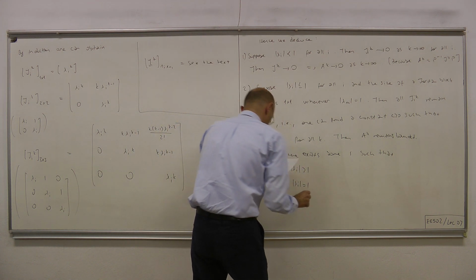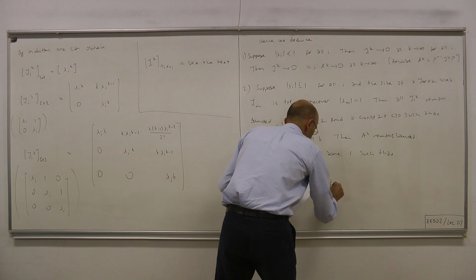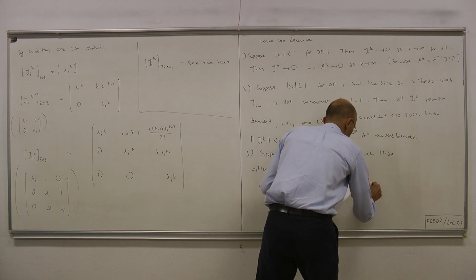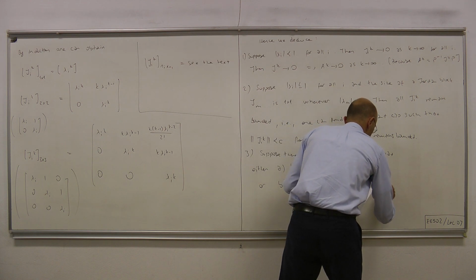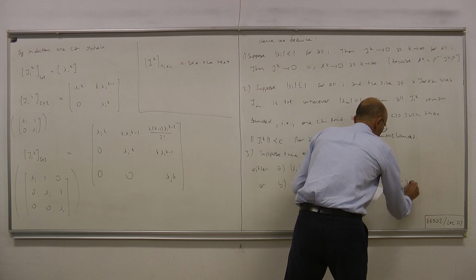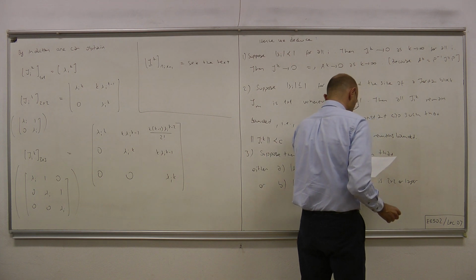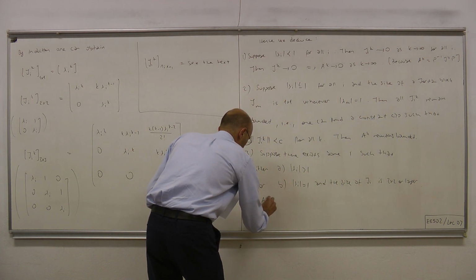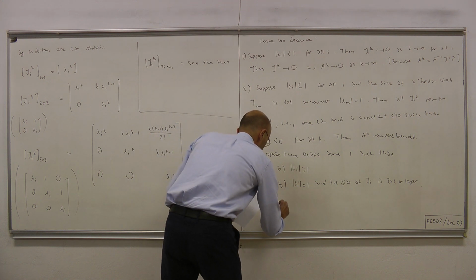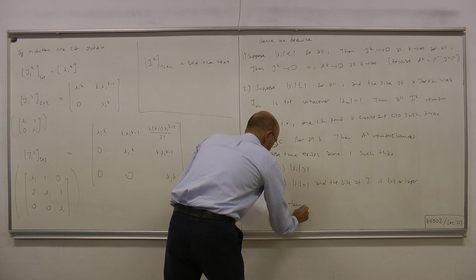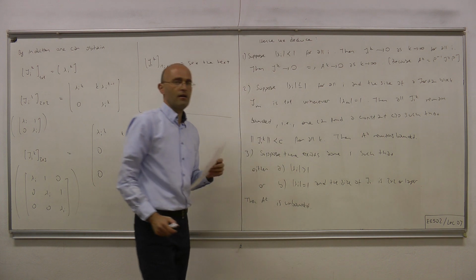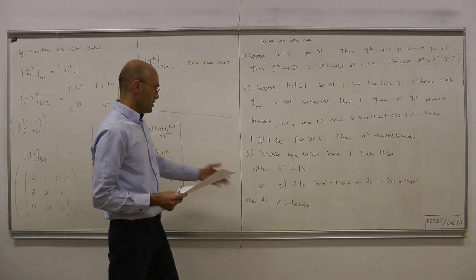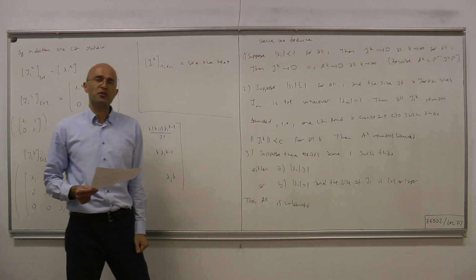Lambda i equals 1, and the size of the corresponding Jordan block is 2 by 2 or larger, and J^k is unbounded, which in turn results in the unbounded behavior of A^k.